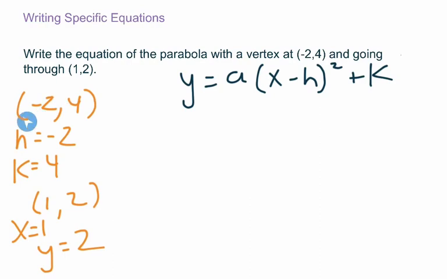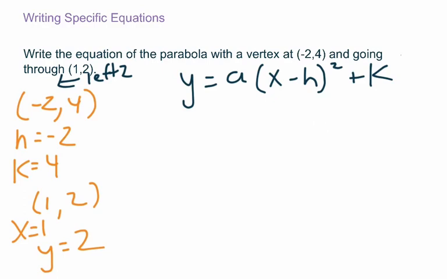If the vertex is at -2, 4, it means it went left 2. And you know that left 2 is going to translate into a +2 when you put it over here in the equation, because +2 means it goes left. I'm not going to do it quite that way, but I want to point that out. If it goes to -2, it means you had a +2 on the inside here.